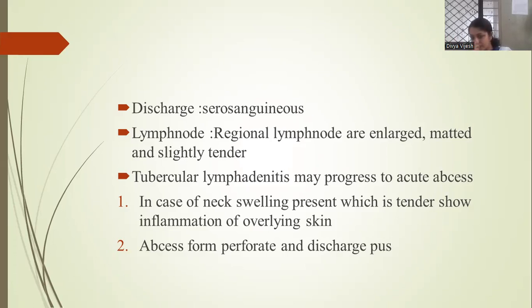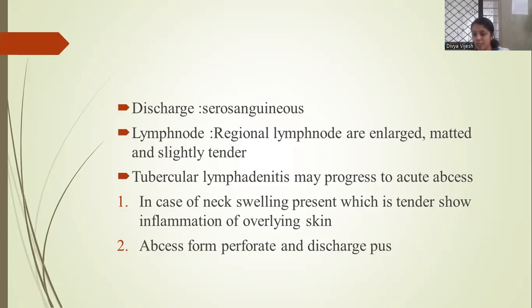Regional lymph nodes are enlarged, matted, and slightly tender. Tuberculous lymphadenitis may progress, and sometimes you can see abscess in these tuberculous lymph nodes. There is further infection, and it may open out as an abscess.